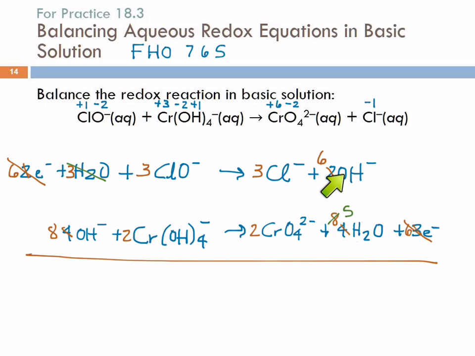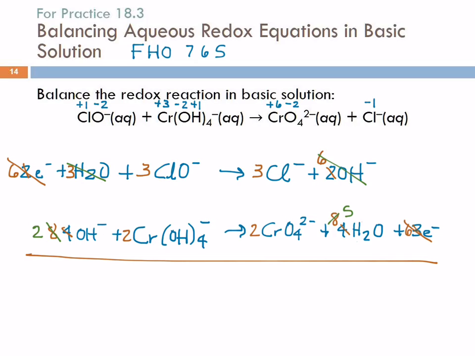Hydroxides, I've got 6 over here and 8 over there. So 6 of them are going to cancel out. That's going to leave me with 2 there and none over here. If it makes more sense to add them together and then take those guys out, by all means do that.